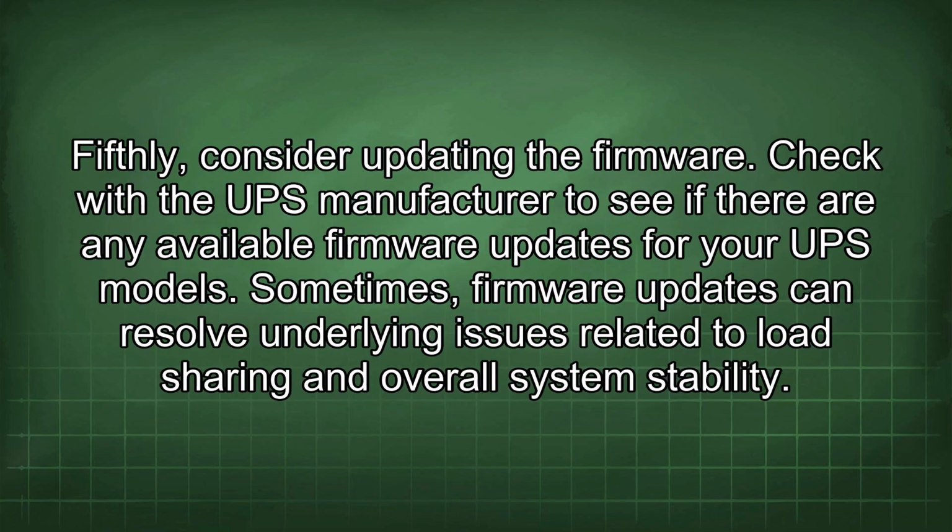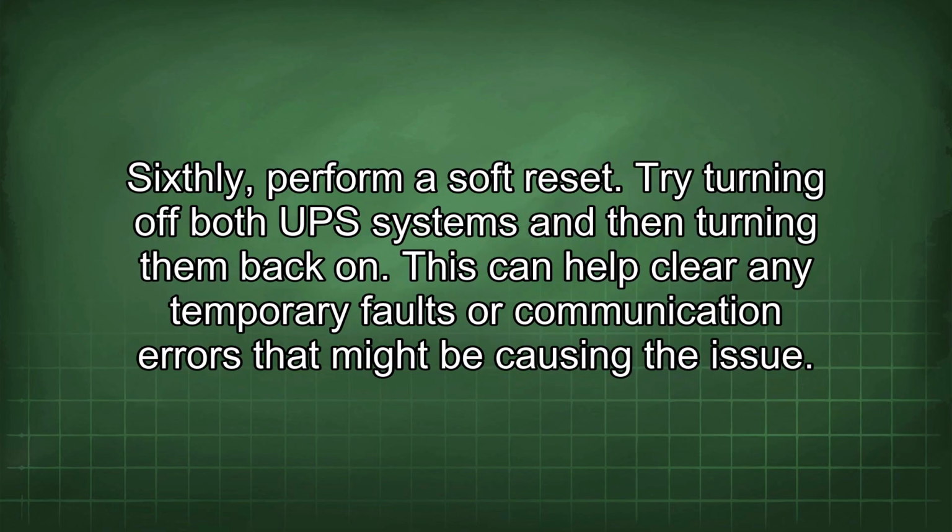Fifthly, consider updating the firmware. Check with the UPS manufacturer to see if there are any available firmware updates for your UPS models. Sometimes, firmware updates can resolve underlying issues related to load sharing and overall system stability. Sixthly, perform a soft reset. Try turning off both UPS systems and then turning them back on.